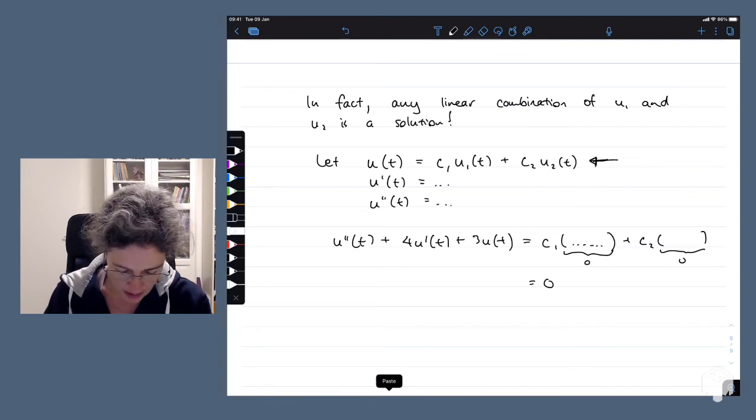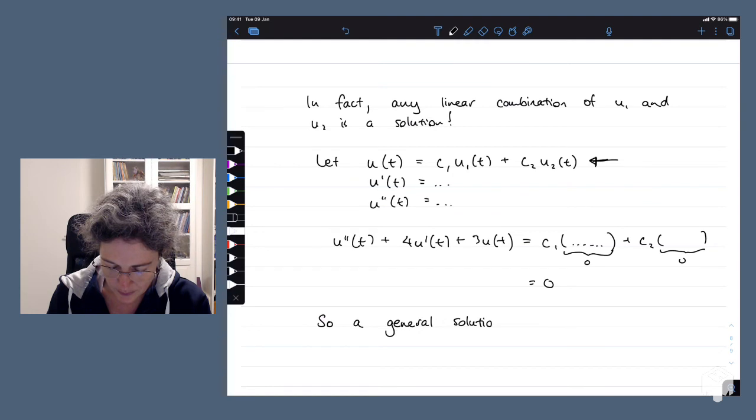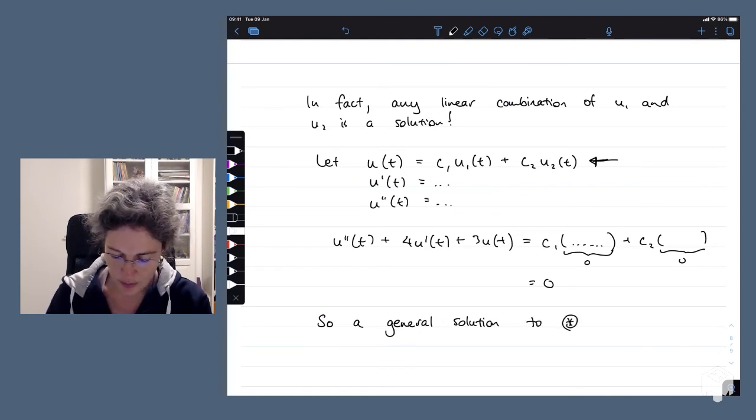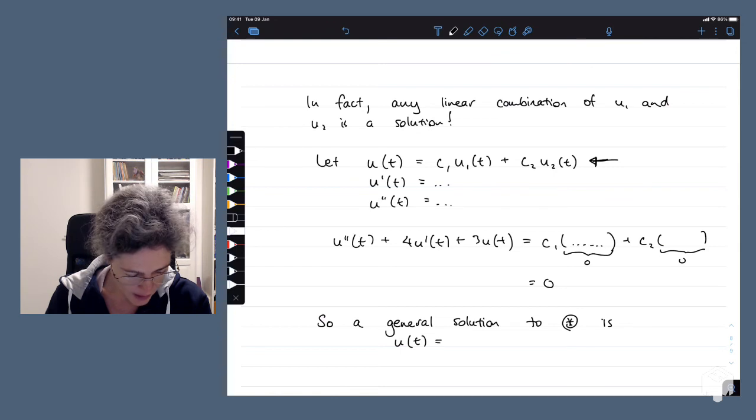So we say that a general solution to our original harmonic oscillator equation is u of t equal to c1 e to the minus 3t plus c2 e to the minus t.